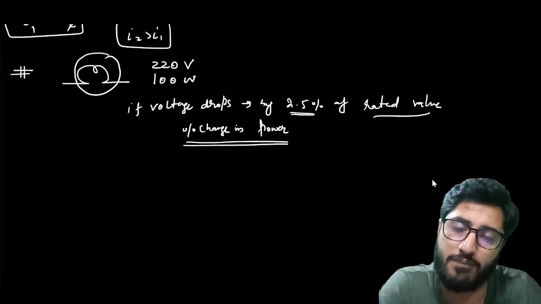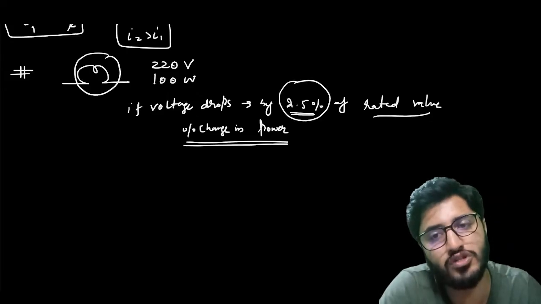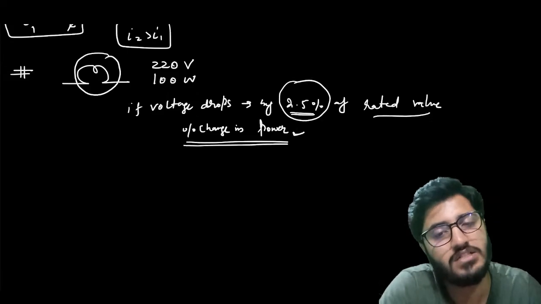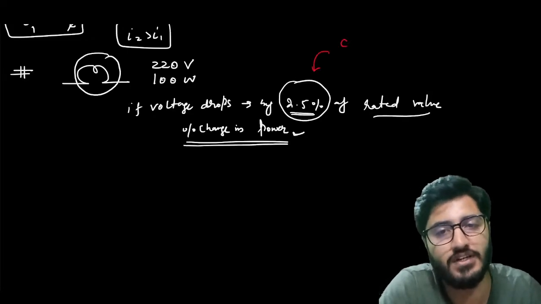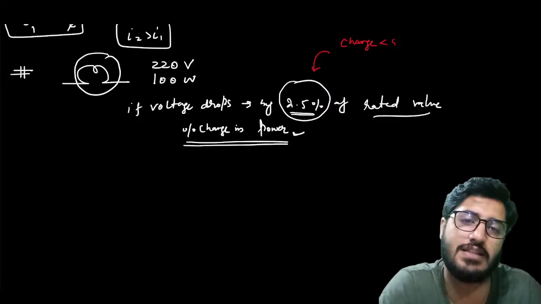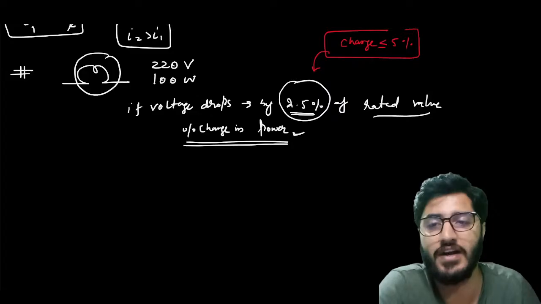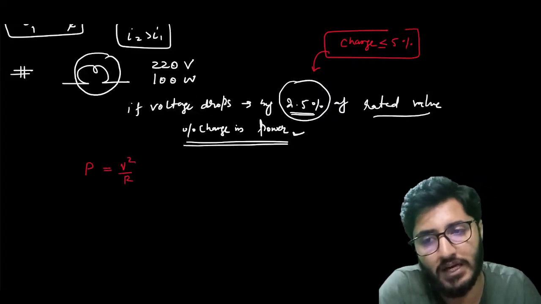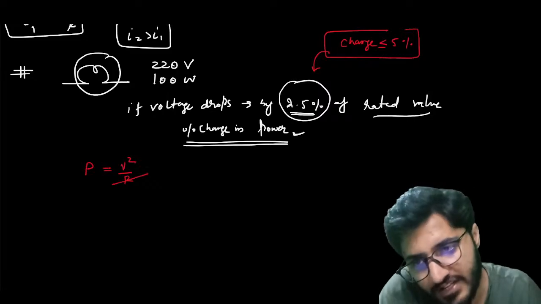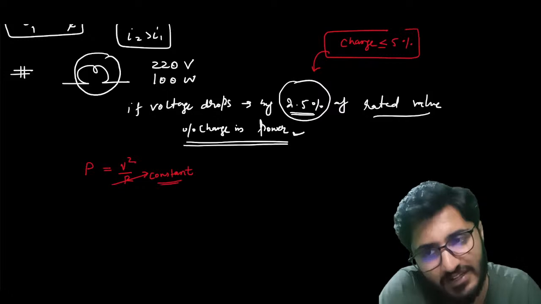We know that power depends on the voltage. If voltage changes by 2.5%, what should be the percentage change in power? We know that if the change is less than or equal to 5%, we use the differential formula. Power is V square by R. Resistance is constant because it is the same bulb, same filament, same resistance.